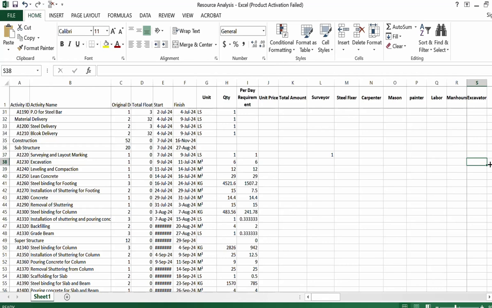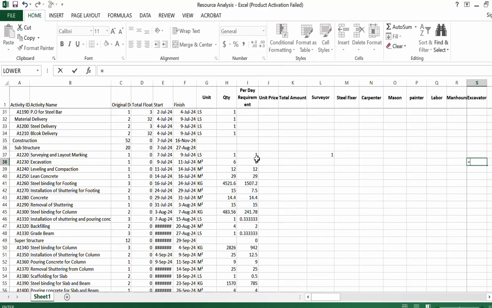For the excavator we will check the per hour requirement. So I will take 1 hour. One excavator can do 20 or 30 meter cube in 1 hour.